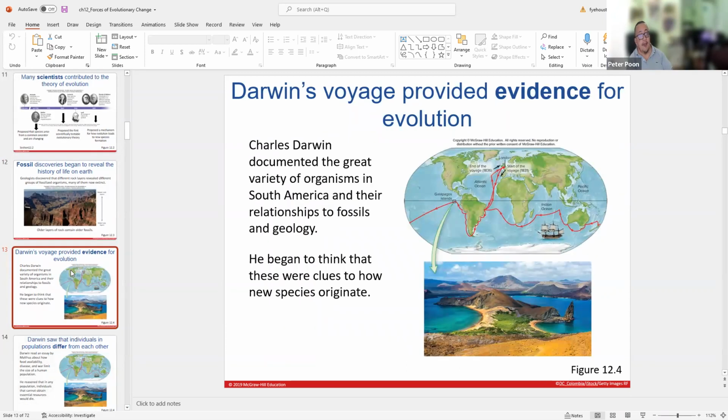Darwin's voyage provided evidence for evolution. Darwin was actually something called a naturalist. His job was on a boat, the HMS Beagle. Their job was to sail around the world, stop at different islands, and chart them.